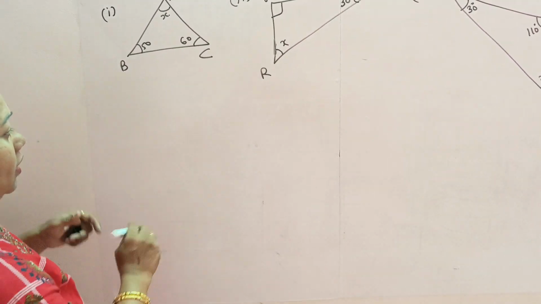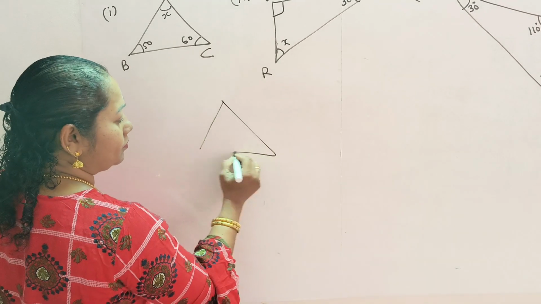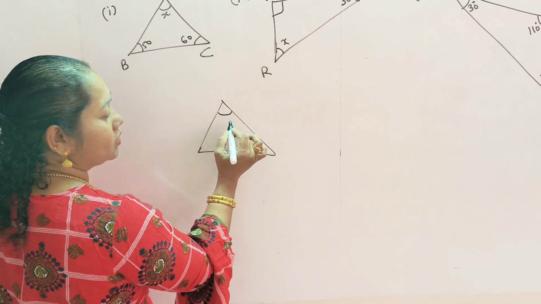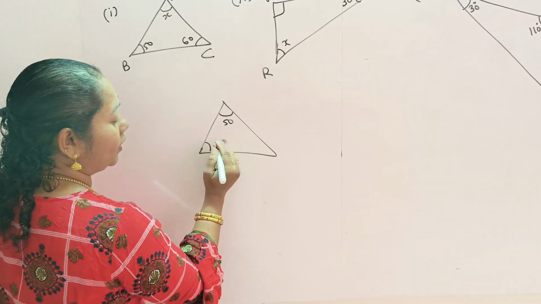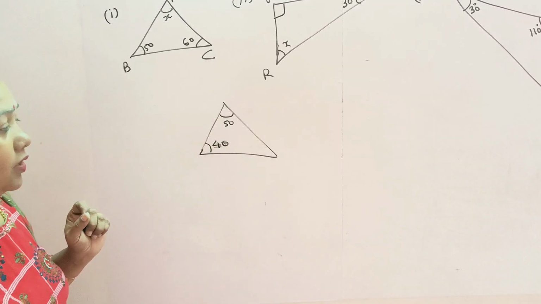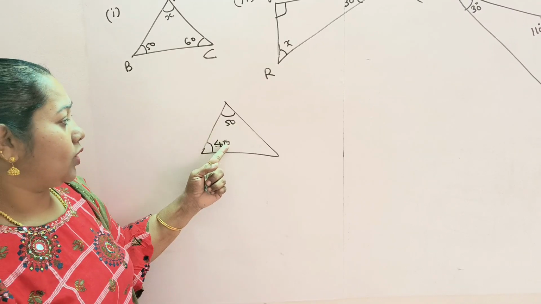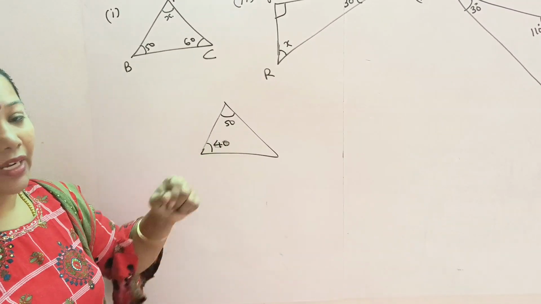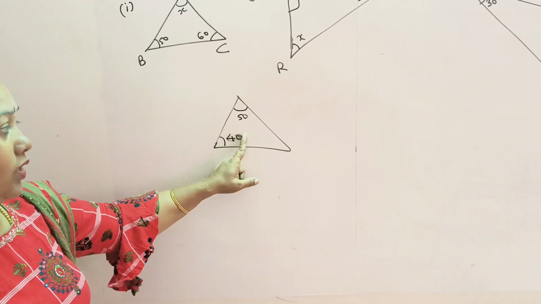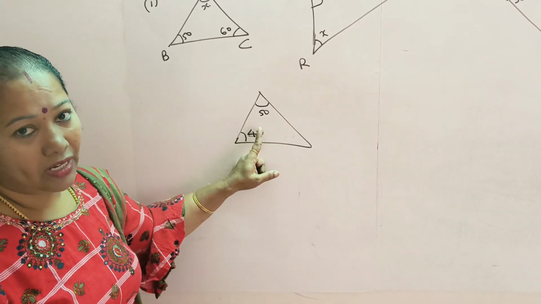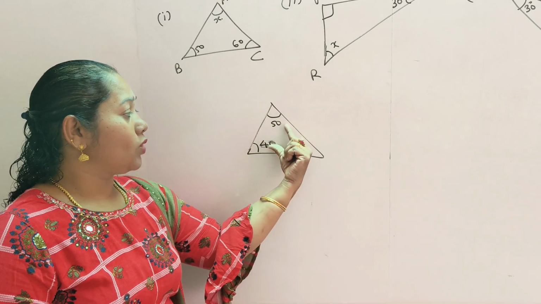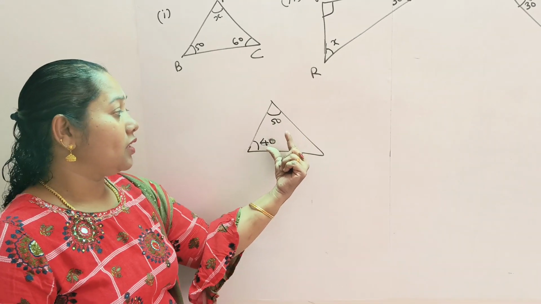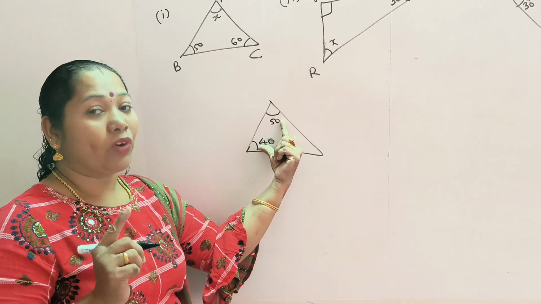Let us see. If in a triangle this angle is 50 degree and this angle is 40 degree, then what will be the third angle? The property is, if you know two angles of a triangle, you add these two angles and subtract the sum from 180 degree.